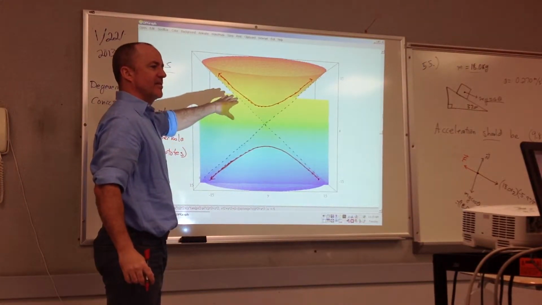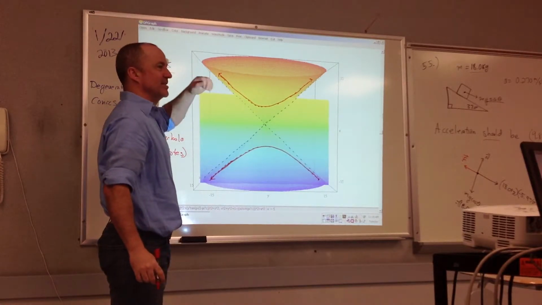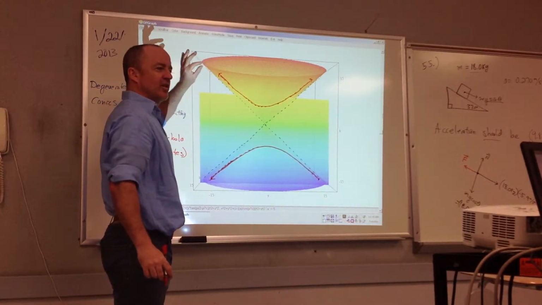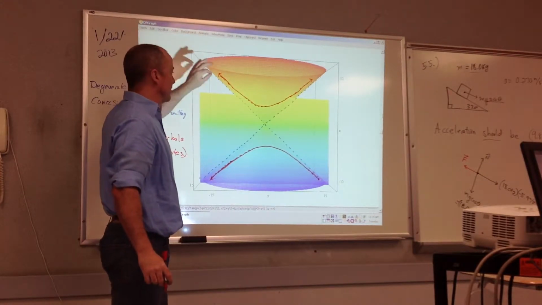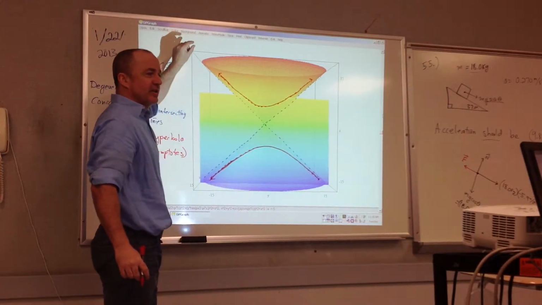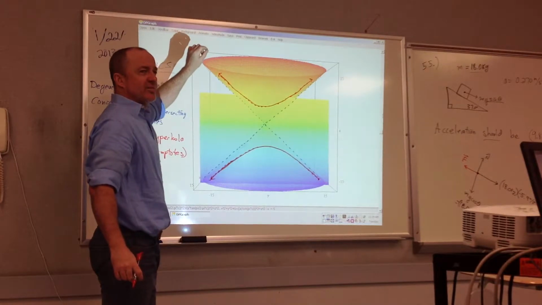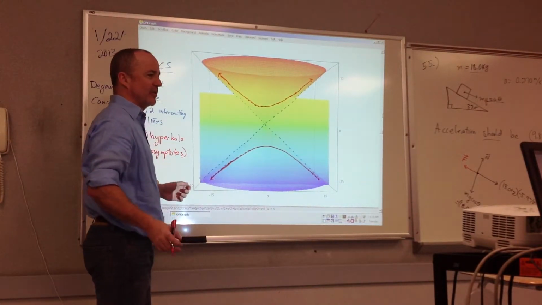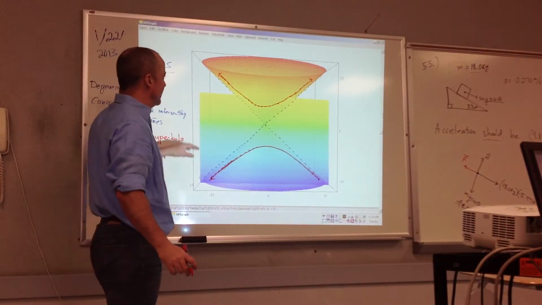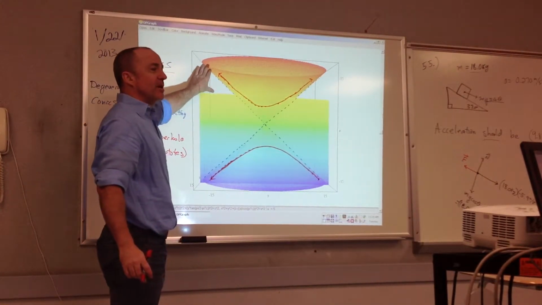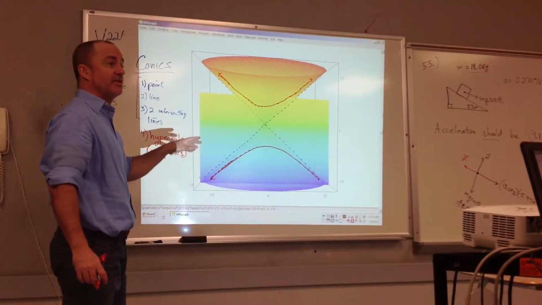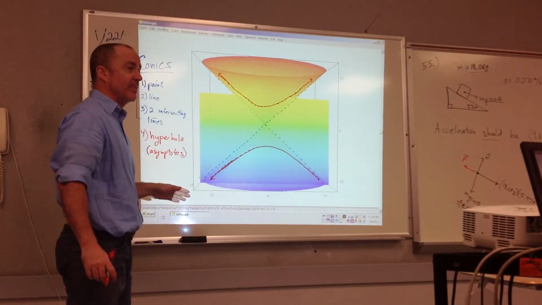It's a line you keep getting closer and closer to, but never reaching. At the end of this year, we'll talk about limits, and what happens when you reach it. It's a little different, we'll get to that. But the hyperbola will have an asymptote relationship with these lines. So when we get to graphing hyperbolas, you will be graphing the asymptotes as well.